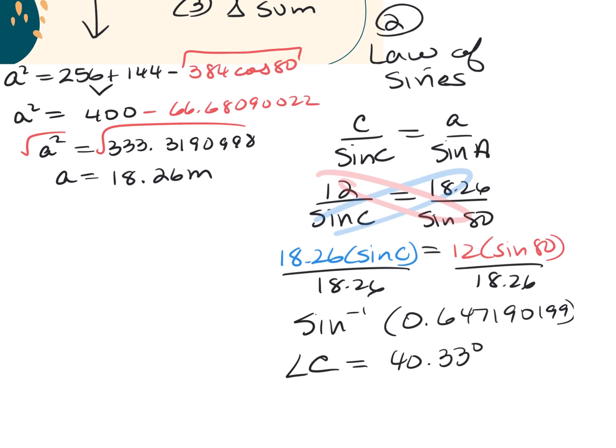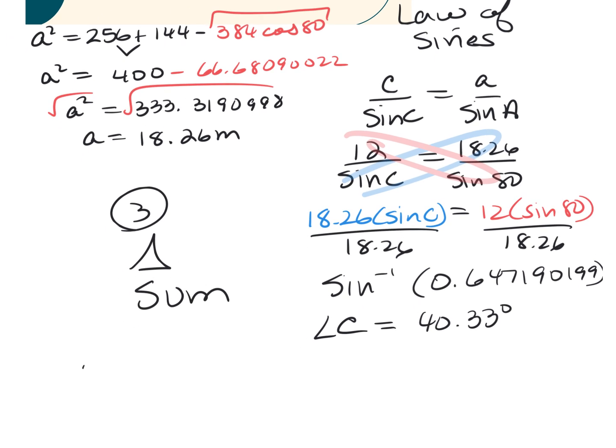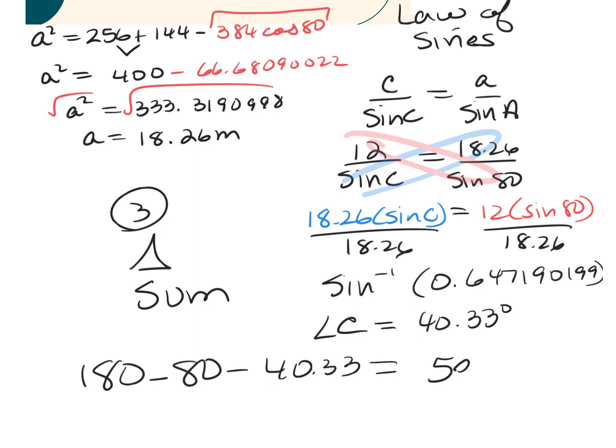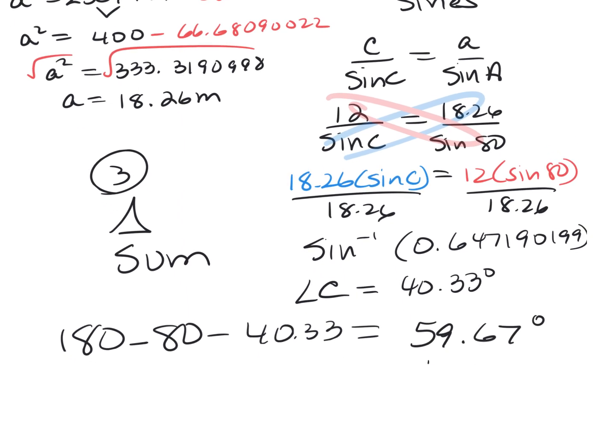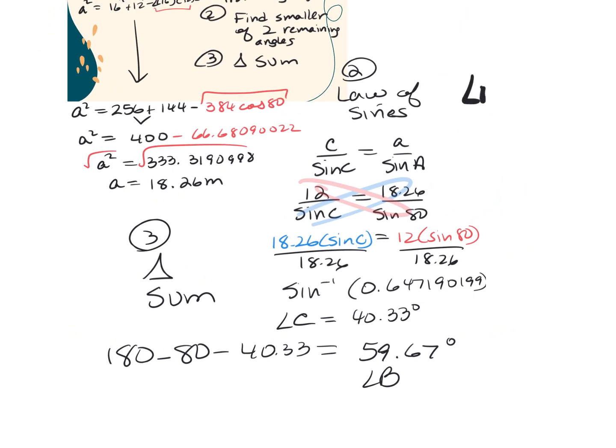degrees. And then lastly, step 3, triangle sum. All I have to do is 180 minus the 80 from the beginning, minus the angle I just found, and this is going to give me 59.67 degrees for angle B. My triangle is now complete. I have angle A that I had from the beginning.